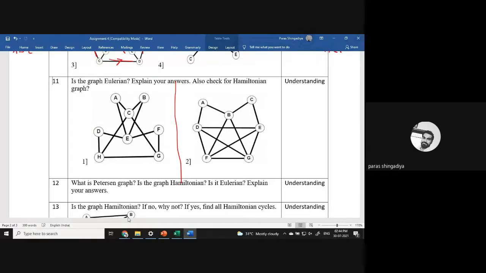Yeah. Nihil has replied, first is not Euler. Okay. Nandan, Jai, Head. What is the answer? Is it true? First is not Euler?